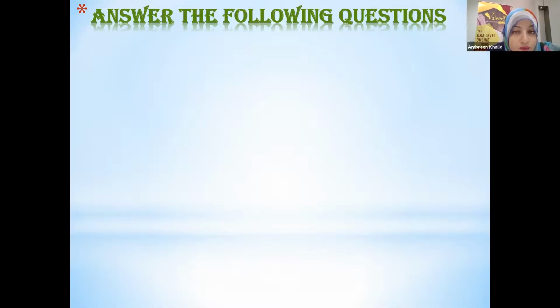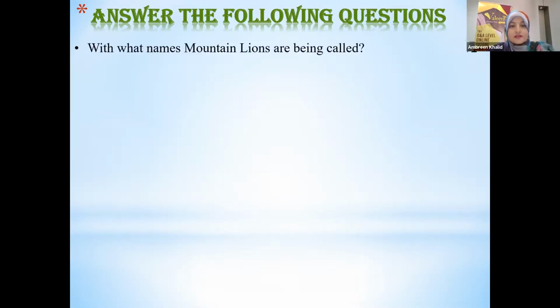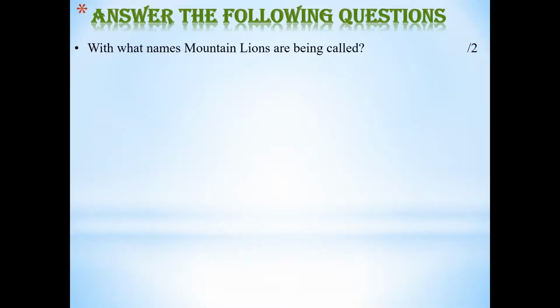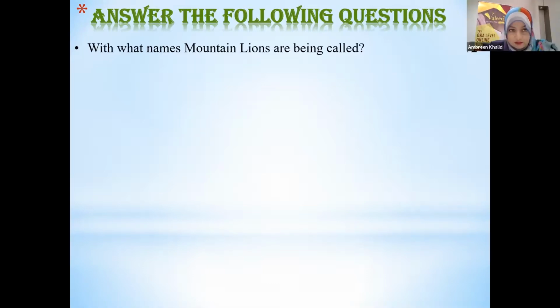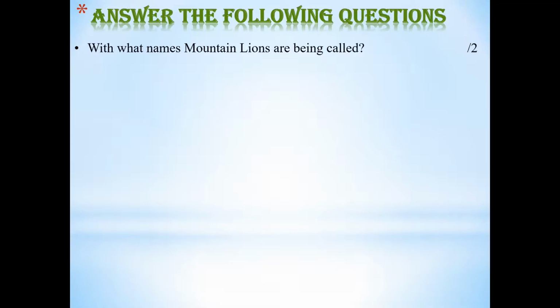Okay, see how much information you have retained. Okay, question number 1. Just tell me what type of question is this? Explicit. One word, miss. Explicit. Are these one word? With what names? I think they're one word answers.